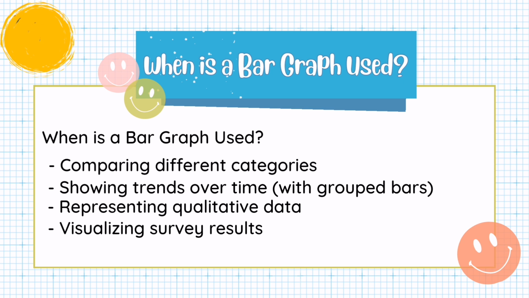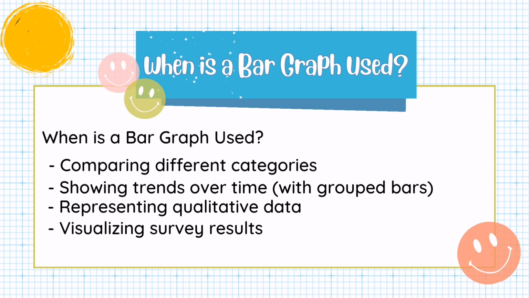For example, if we tracked how many of our students study each day from Monday to Friday, we can use grouped bar graphs. And also for representing qualitative data, which means categories that aren't numbers, like hair color or types of hobbies.